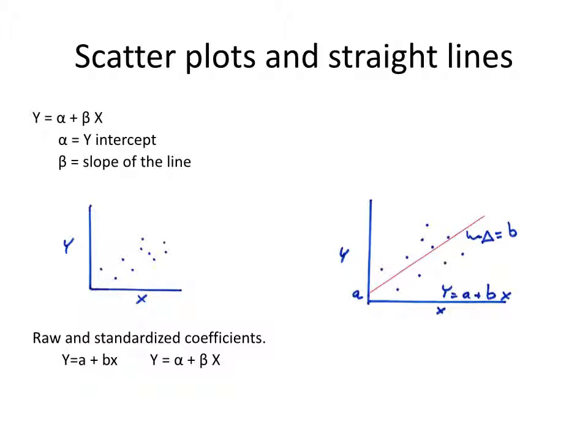So for example, if we had measures of income and housing purchase price, and we were trying to predict how much people spend on a house from a knowledge of their income, those raw scores would be in dollars of income and dollars of price per house. And we could use that relationship to predict the price of a house for any household.